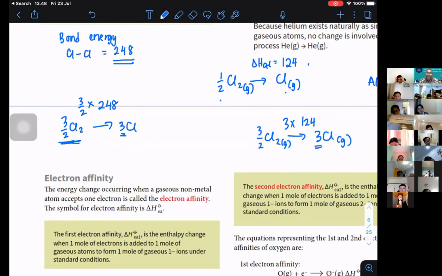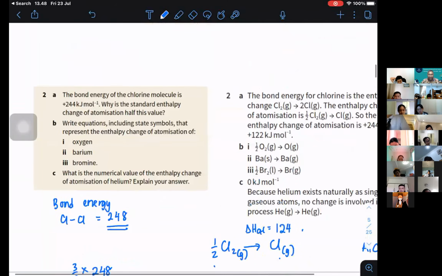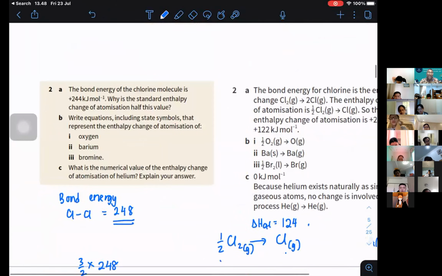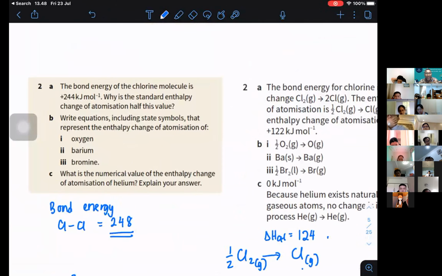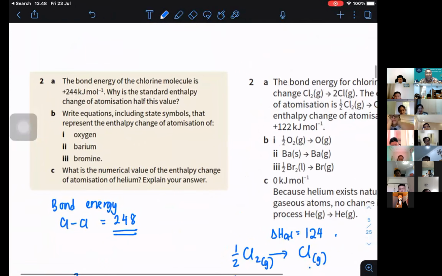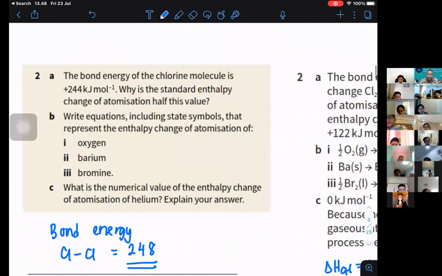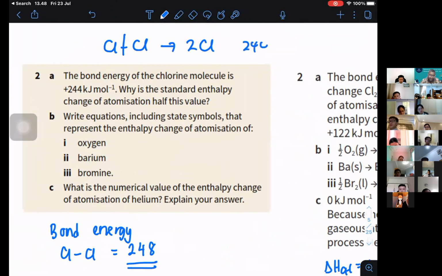I hope you really understand this. Now, this question is related to that. The bond energy of chlorine molecule is 244. Why is the standard enthalpy change of atomization half of this value? Similar, Cl and Cl bond energy, you break this and you get 2 Cl atoms, and that is 244.